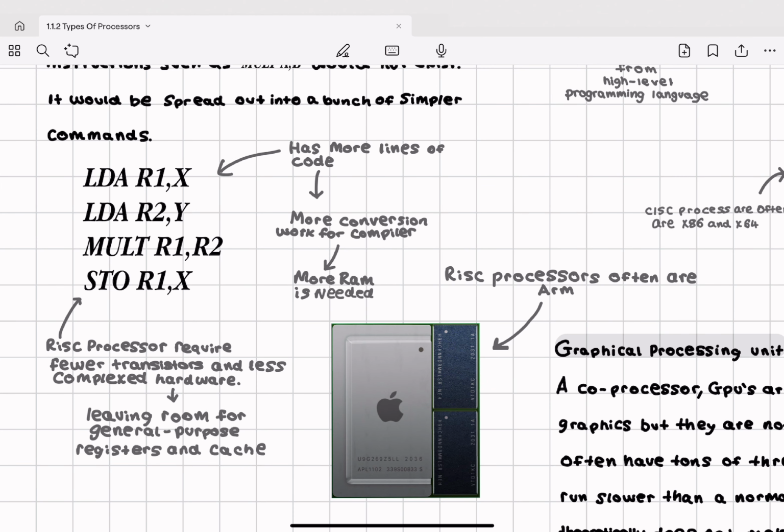Most RISC processors are ARM, so your phone chip, the recent Apple ARM series in their computers and the Snapdragon Elite processors in Windows, those are all ARM. So they're often found in phones, tablets, and some ARM-based PCs.